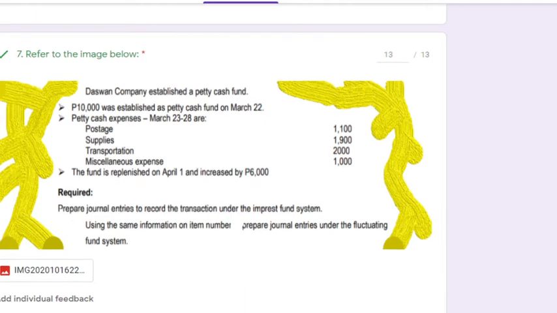Okay, let us refer to the image. Anong requirement dito? The requirement is to prepare the journal entries under Imprest Fund System and under Fluctuating Fund System. So, meron sa inyo mga nag-submit na ang binigay lang is the Fluctuating Fund System. So, next time, please always read the requirements para kumpleto yung sinesend nating sagot.